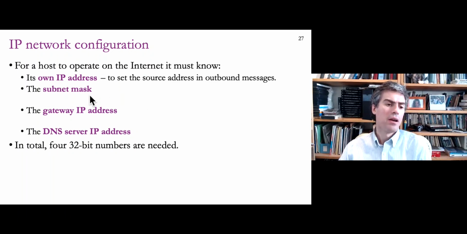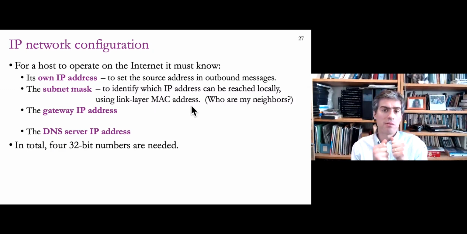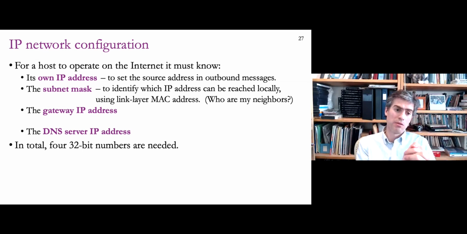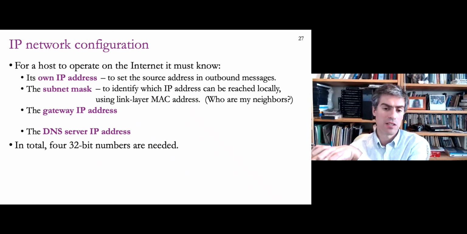Great. You need to know your subnet mask, because you need to decide for every message you want to send whether that message can be sent directly to a neighbor on the subnet, or whether that machine is not one of your neighbors, it's not on your subnet, in which case you need to send the packet to a router which will forward the packet to the final destination.